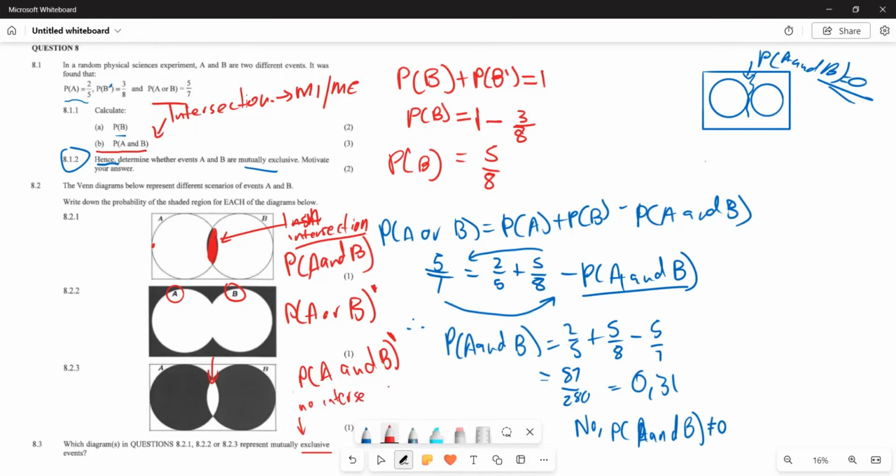If you check which diagram was giving us no intersection, it is this one. Can you see this part is not shaded, right? So the answer for 8.2.3 is going to be basically this diagram that they are asking for here, right? Hopefully now this makes sense to you. Thank you very much.